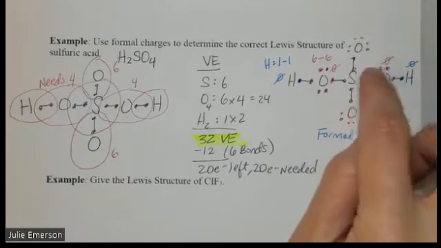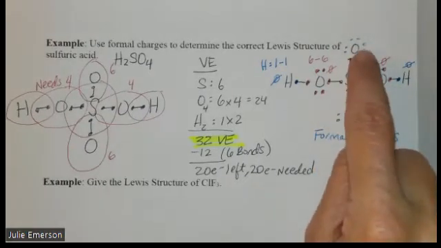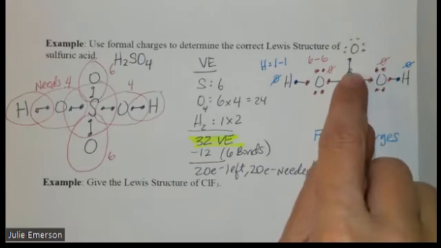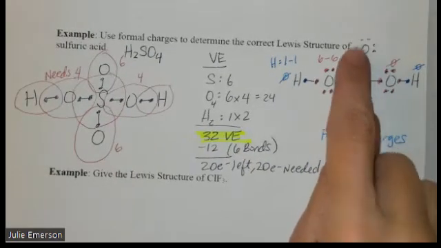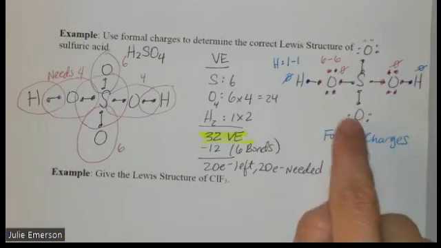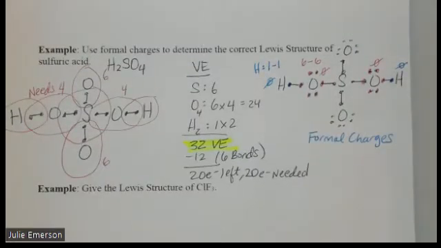But again, at this point, we're still focusing on the octet, right? So the oxygen here had to have 6 because it only had 2. So it has to complete the octet. So 2, 4, 6, 8. Same with here. We needed 3 lone pairs because we only had the 1 bonding pair. So we have a total of 8. So that's why we end up with the 6 dots. Now, when we do the formal charges, though, we're going to see how this probably isn't quite right.